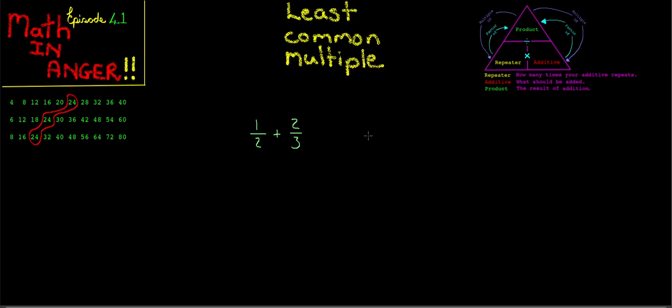So in this case, it's 2 times 3 equals 6. You see, 6 is a common multiple of both 3 and 2. So you can rewrite these fractions as 3 over 6 plus 4 over 6, right? And that gives us 7 over 6, which is 1 1/6.